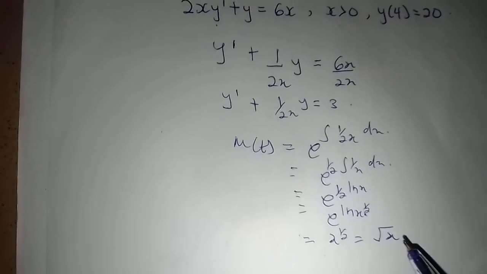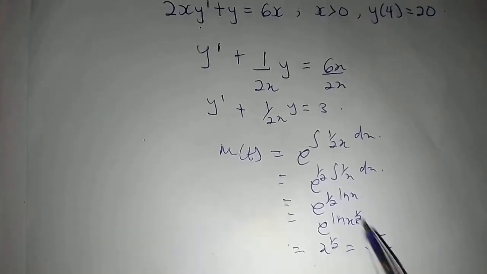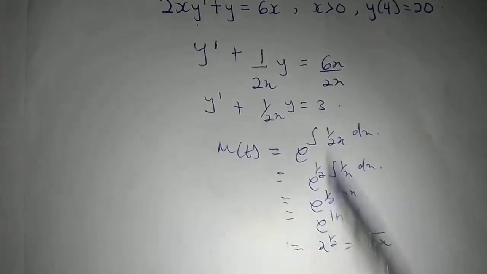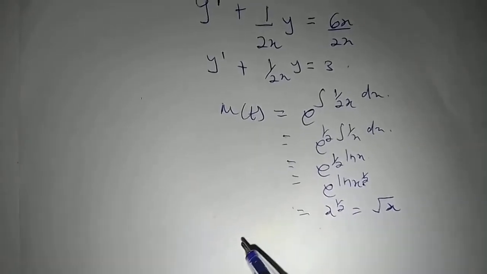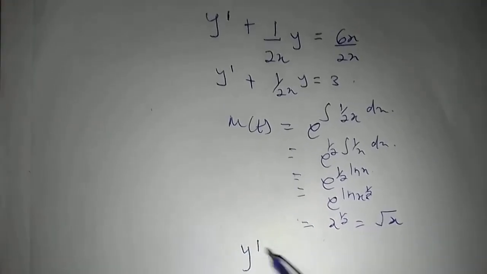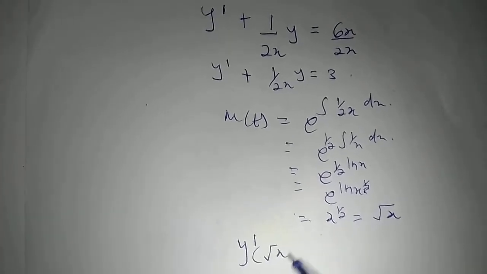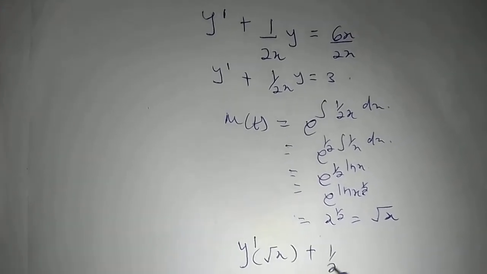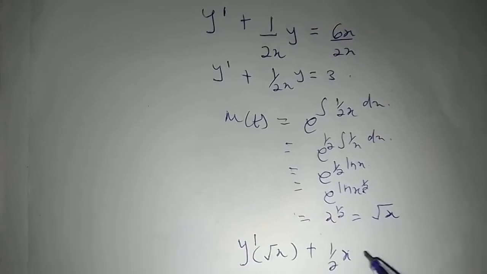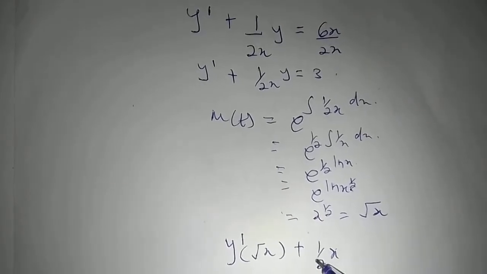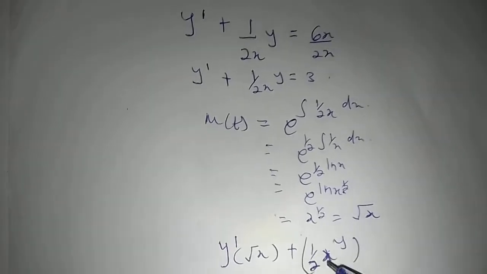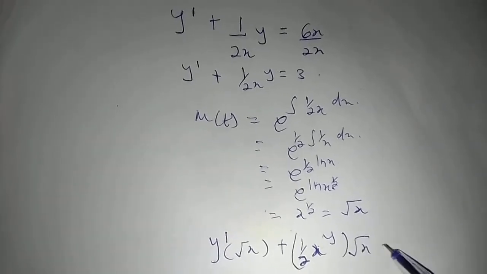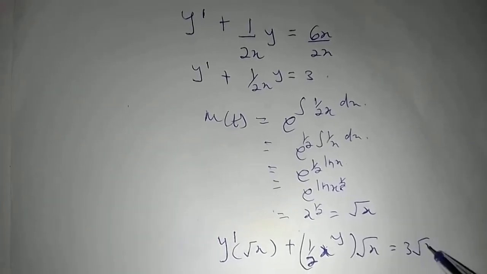Once we find the integrating factor, we just multiply the integrating factor by all the terms in the equation. So we have y prime multiplying root of x plus 1 over 2x y multiplying root of x is equal to 3 root of x.